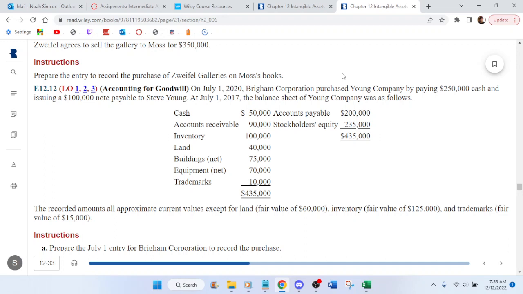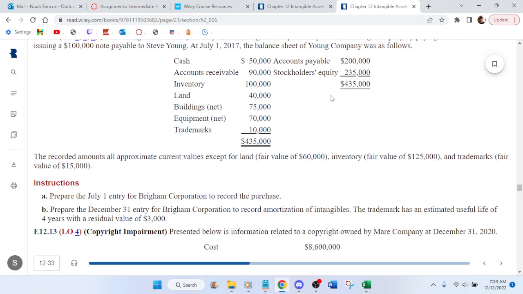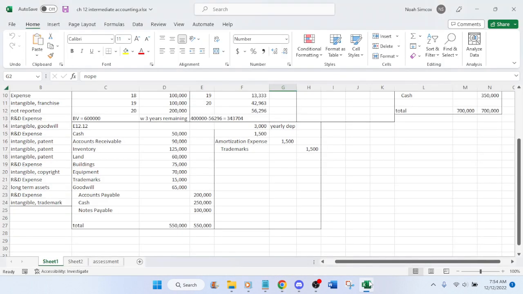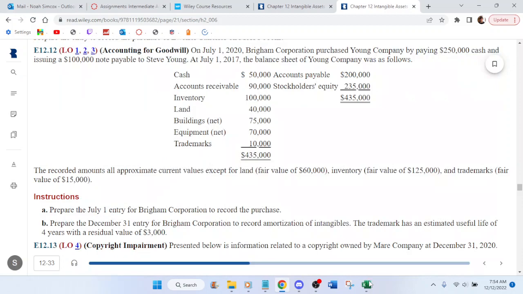Oh, man. So we have the balance sheet. Prepare the July 1st entry to record the purchase. So when they purchase, you will list everything the same except fair value will be different. Or I mean, a few things will be different. So cash is $50,000. Accounts receivable, $90,000.